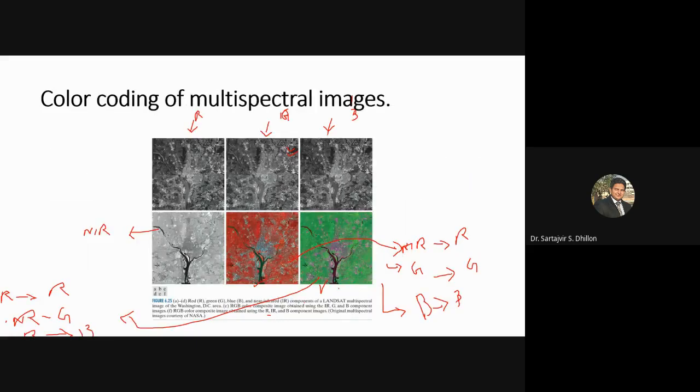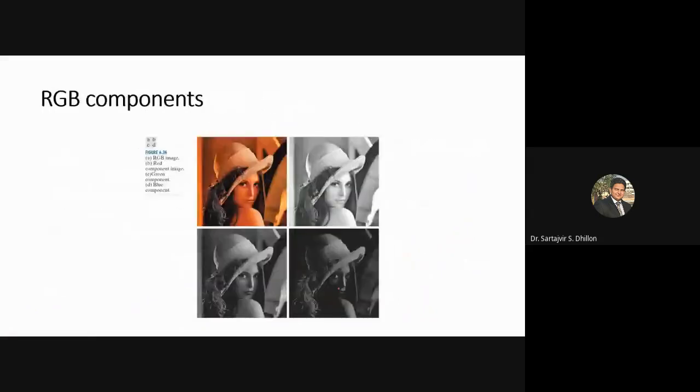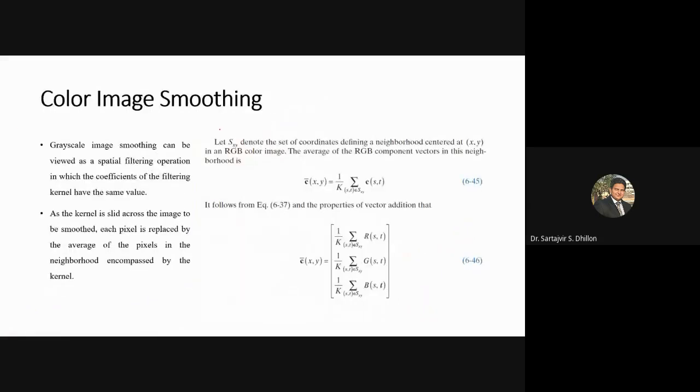At last, there are smoothing and sharpening filters, which we use to smooth or sharpen the image. The concept of smoothing and sharpening is very similar to what we did in the second or third chapter on spatial domain filtering. Both concepts are the same, and there is nothing special.